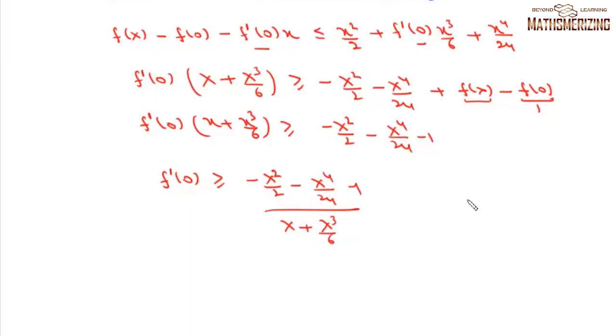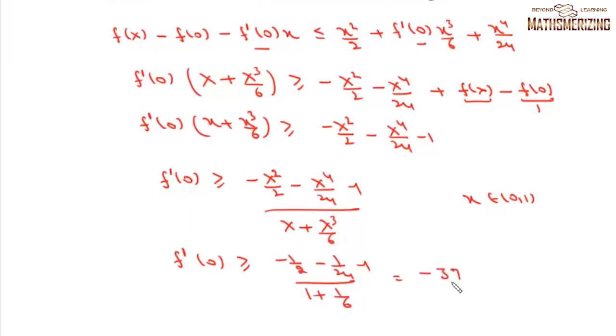That will be true for any x which lies in the interval 0 to 1. Now this function on the right is an increasing function. So this f'(0) will always be greater than or equal to the value when x is 1. So if you put x as 1, we'll get minus 1 by 2 minus 1 by 24 minus 1 upon 1 plus 1 by 6.